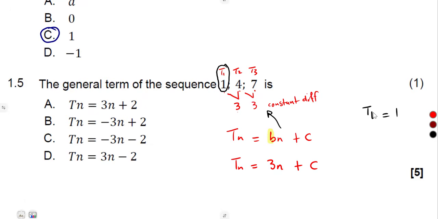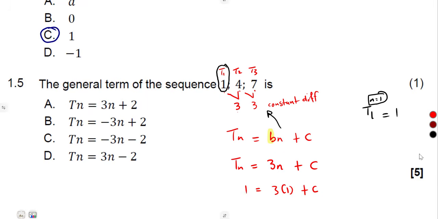So what it means is that when n is equal to 1, in place of n, you are going to put 1. 3 times 1 plus C. But that Tn, which is T1, is equal to 1.